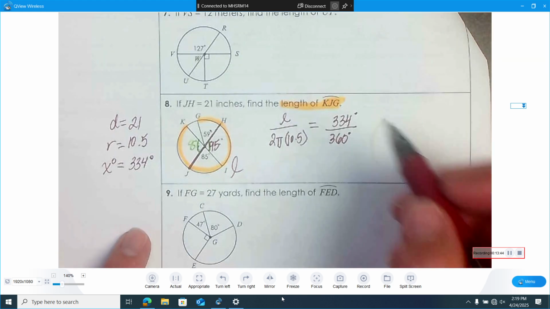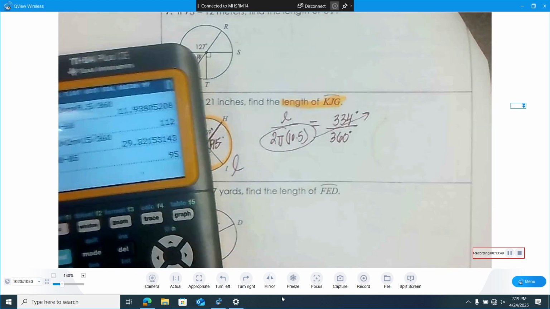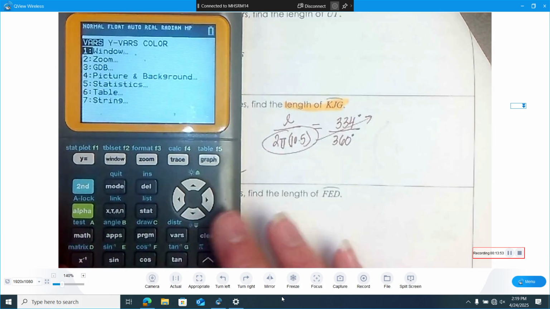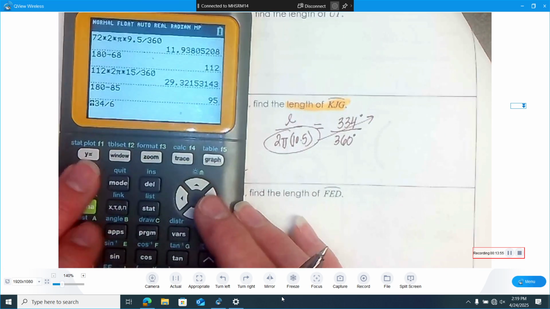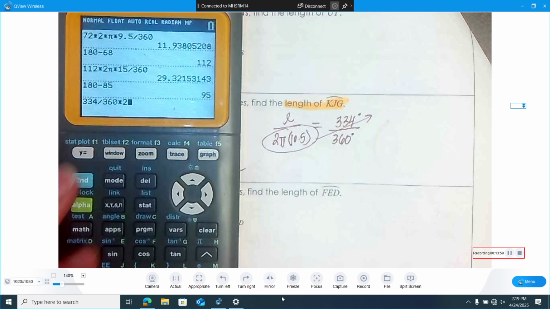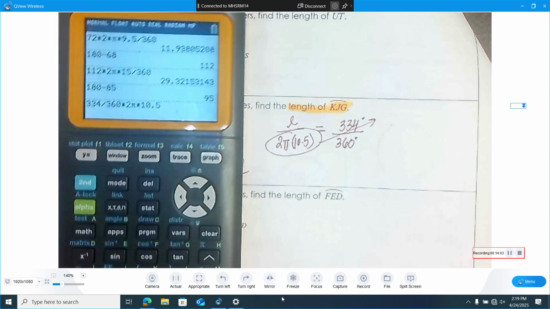Okie dokie. We're going to multiply that to the other side. So 334 divided by 360, and then times 2 times pi times 10.5. Is this going to give me a different answer, or that one's okay too?